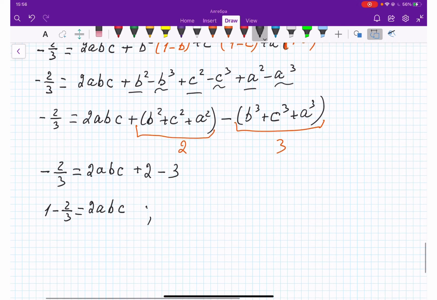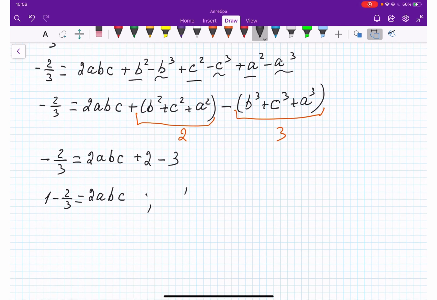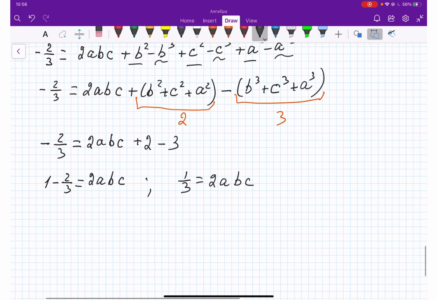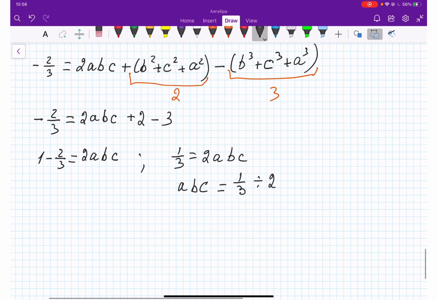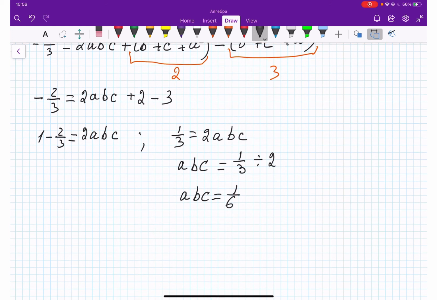And this is equal to 1 minus 2/3, it's going to be 1/3 equal to 2abc, okay? And abc from here is equal to 1/3 divided by 2. So 1/3 divided by 2 is going to be equal to 1/6. All right, so we got abc is equal to 1/6.